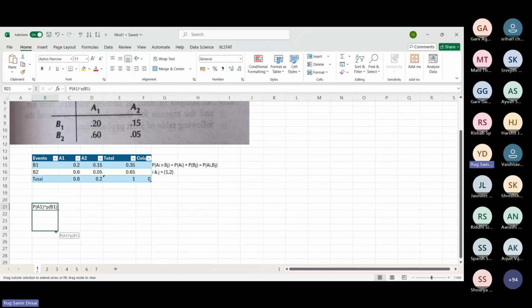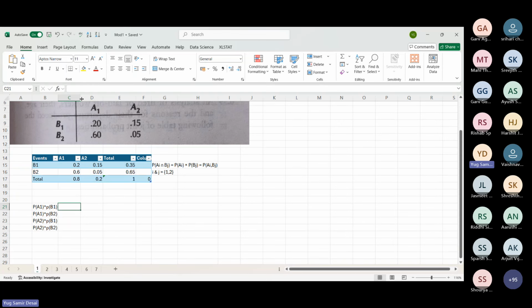We'll do this for all the values: A1 with B1 and B2, and A2 with the values of B1 and B2, so that B1 also gets covered with A1 and A2 alternatively, and the same thing goes for B2. This is what I mean so far.